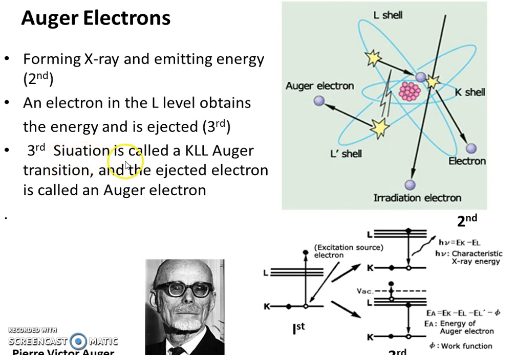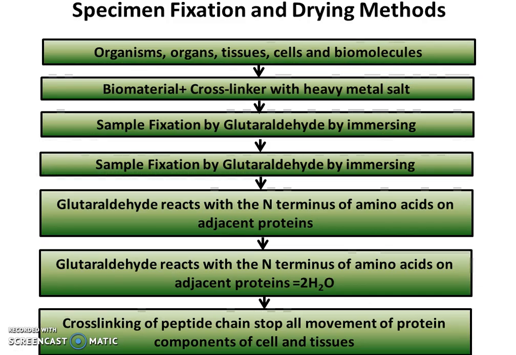So the third situation is called the KLL situation, and the transition of the electron takes place, and this transition electron is called the Auger electron, and this transition is called the Auger transition. This phenomenon was first observed and detected by Pierre Victor Auger, and after the name of this scientist, these electrons are called Auger electrons.